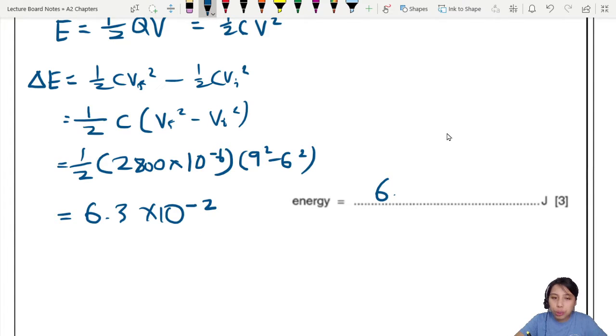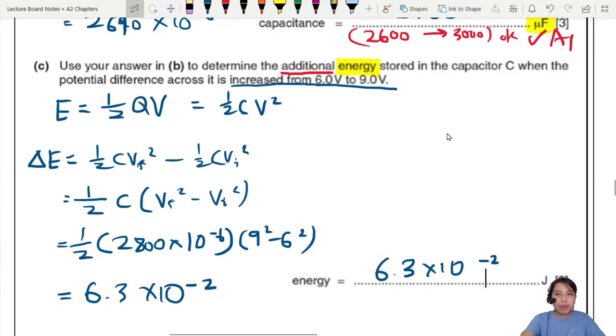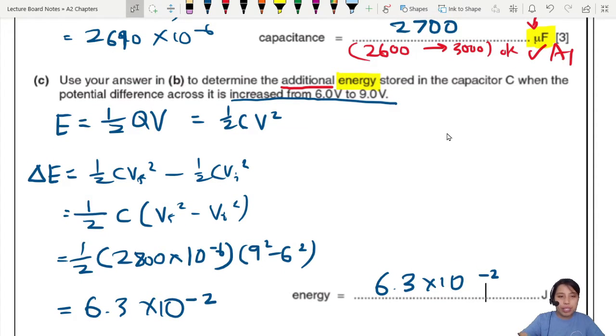Write that down. Did I say 6.2? Sorry, 6.3 times 10 to the negative 2. Once again, your answer might be slightly different, but we'll see in a bit. Where do the 3 marks come from? First one, do you know the equation, how to calculate energy? I let you know, so this is how we calculate energy stored. Energy change is delta E. Next, do you substitute the correct values in?